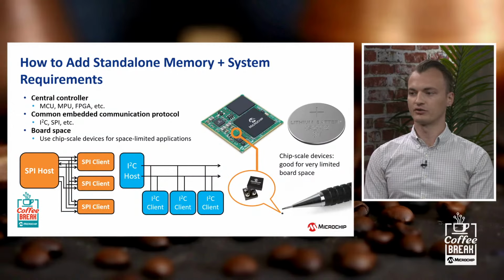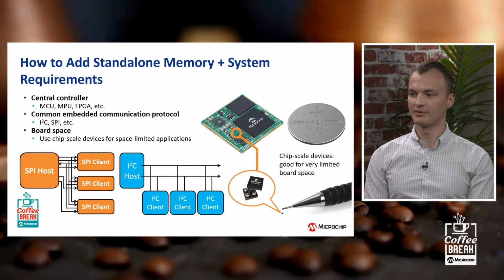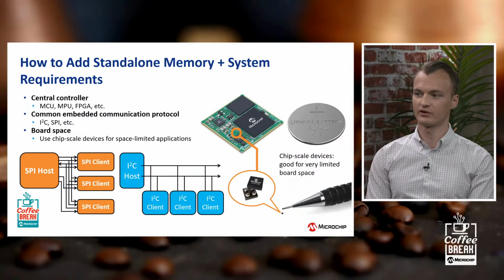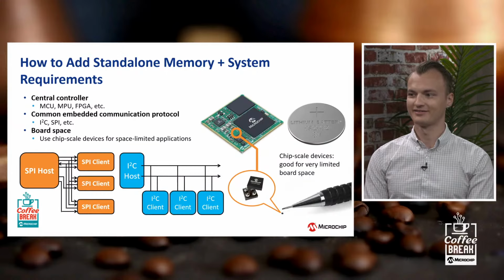You also need to make sure that you're using a common embedded communication protocol, the one that you need for the memory device you need. So like I2C or SPI. Pretty much every modern microcontroller comes with I2C and SPI. That'll be a standard peripheral in most modern MCUs. Yeah, exactly.